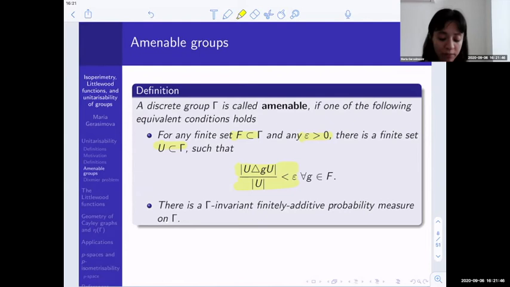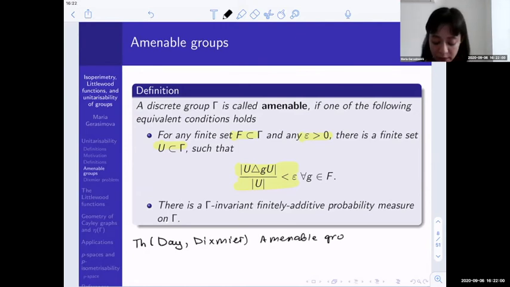What was proven further, independently by Day and Dixmier, let me write like this, is that amenable groups are also unitarizable. So amenable groups are unitarizable.